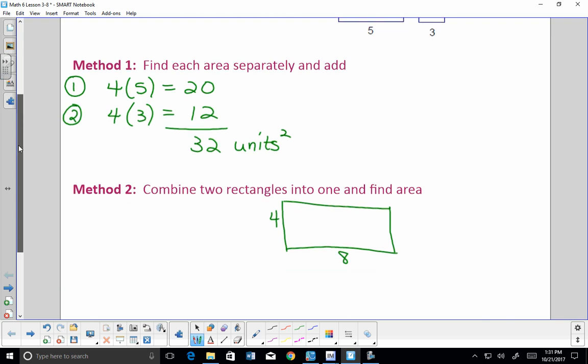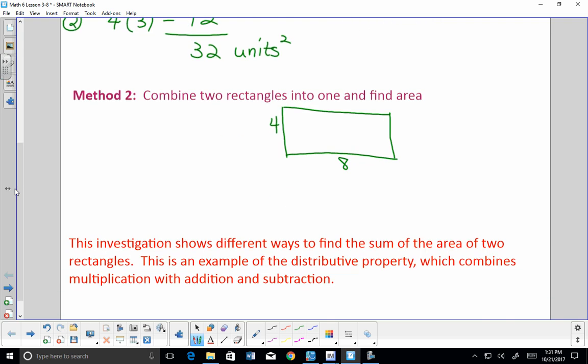So if I have a rectangle that's 4 by 8, I could take 4 times 8 and get 32. You'll notice we have the same answer for both. This shows us different ways to find the sum of the area of two rectangles.